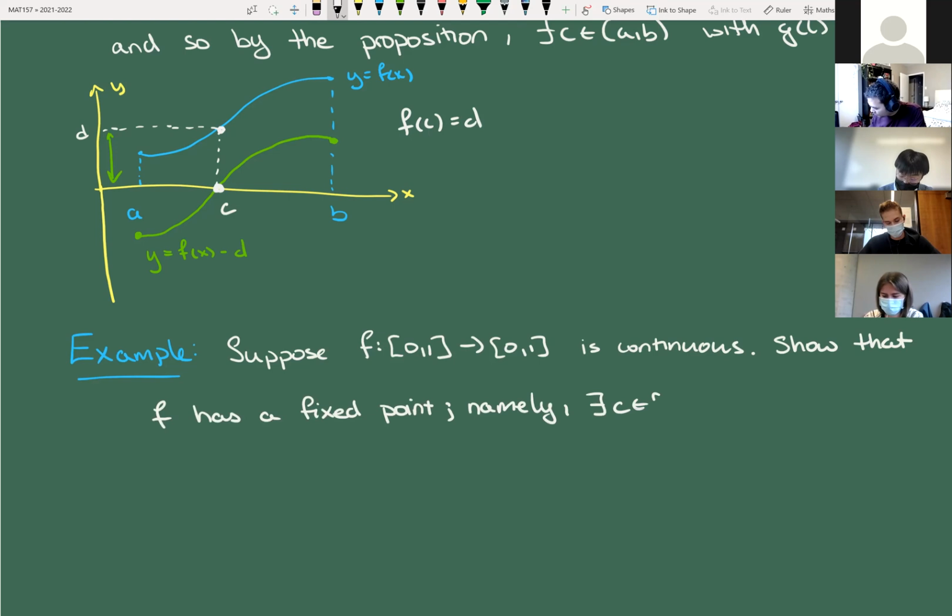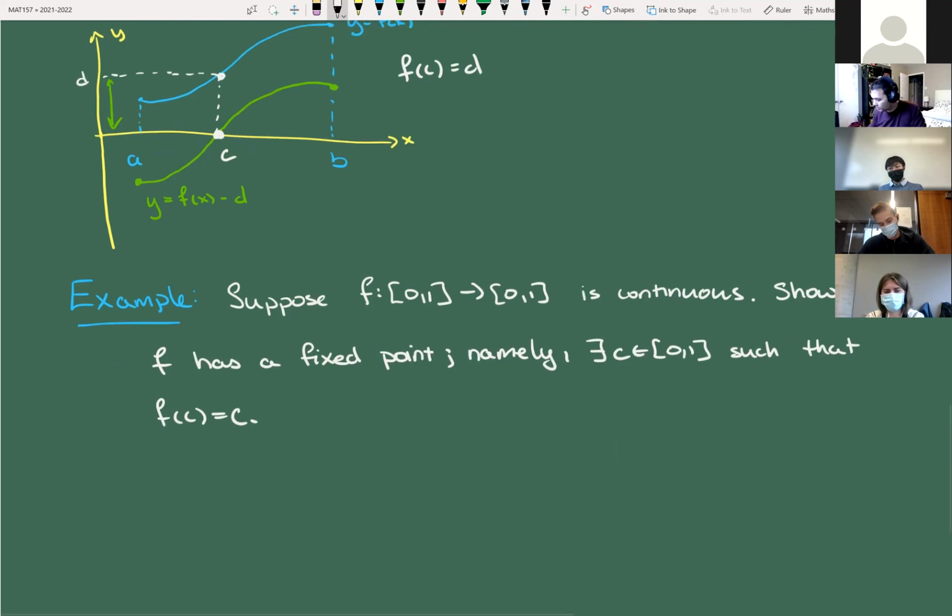There exists some C in [0, 1] such that f of C equals C, right? So that's what's special about it. It is a point where the input and the output are the same. f of C is equal to C.